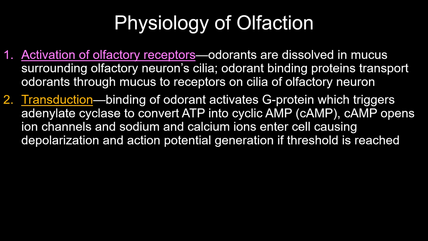So how does this work? How does this take place? Well, first, you have to activate the olfactory receptors. And this happens when odorants reach the olfactory epithelium, binding to odorant binding proteins, which are going to transport them to the receptors on the olfactory cilia.